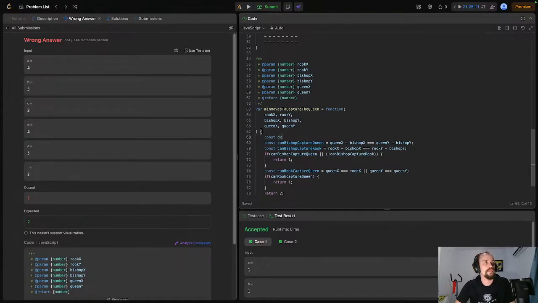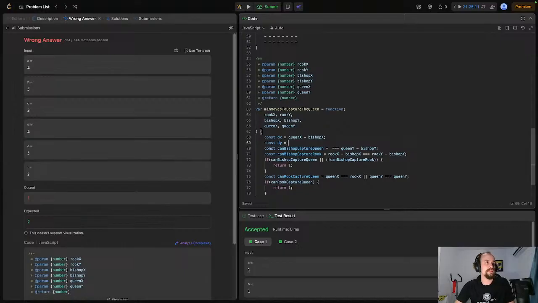Const dx, const dy. The bishop can capture the queen if dx is dy.